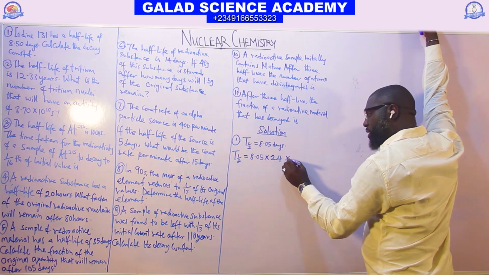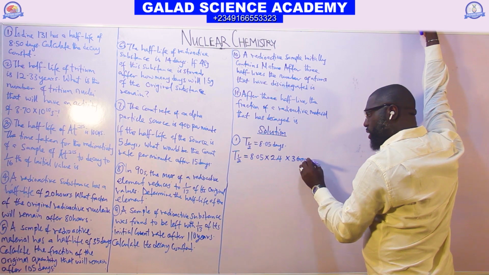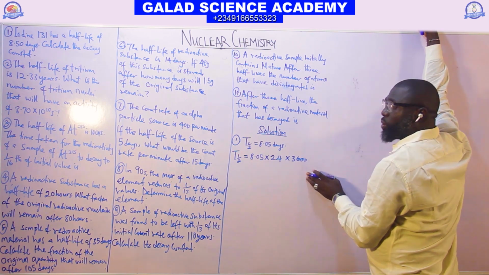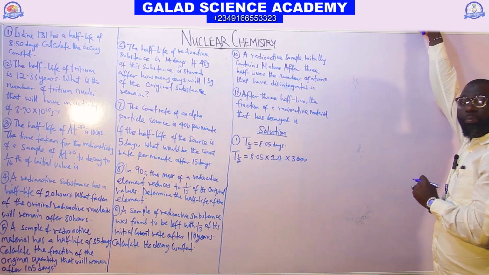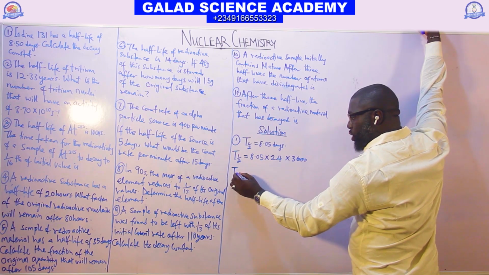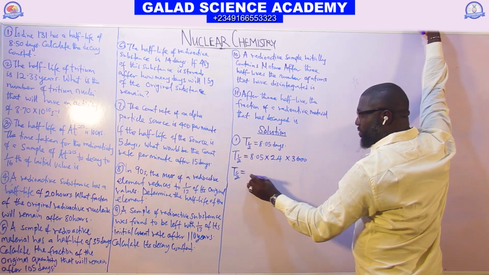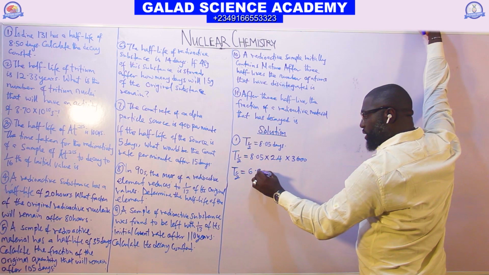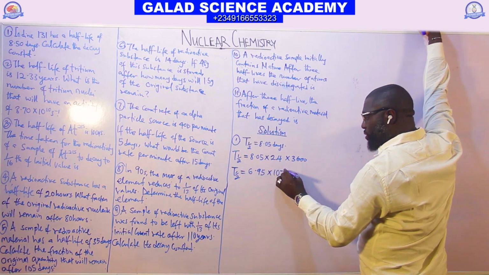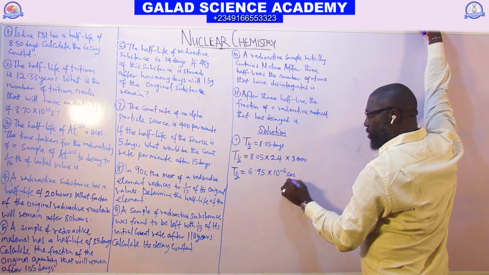Multiply by 3,600 seconds. By pressing the calculator, it gives us a half-life of 6.95 times 10 raised to the power 5 seconds.